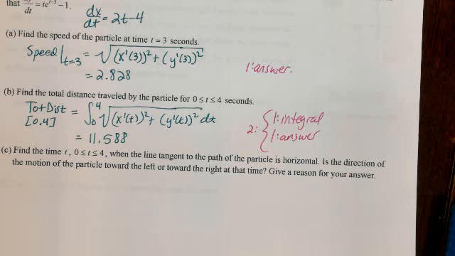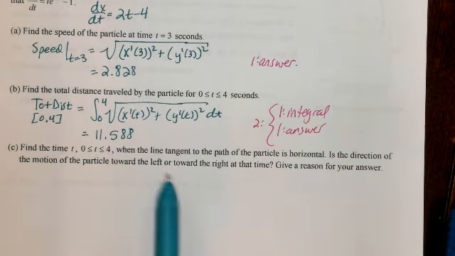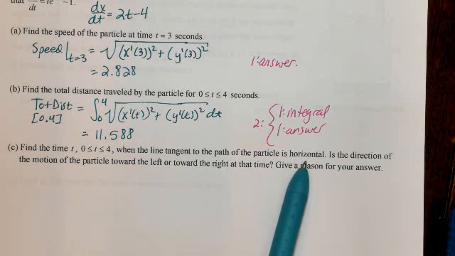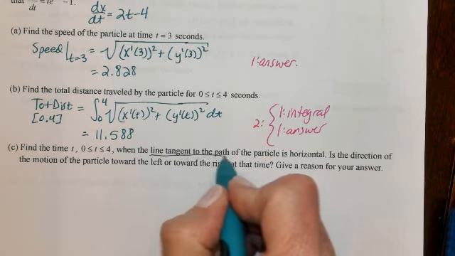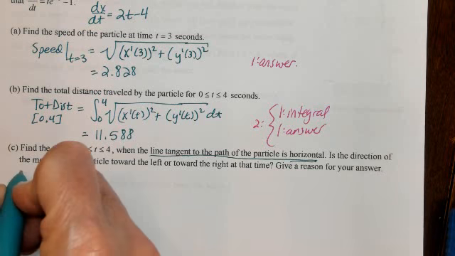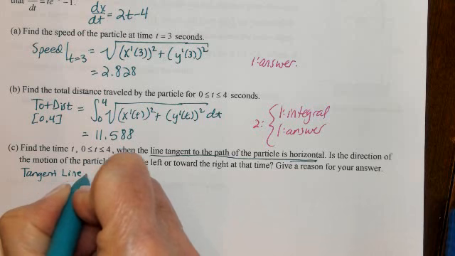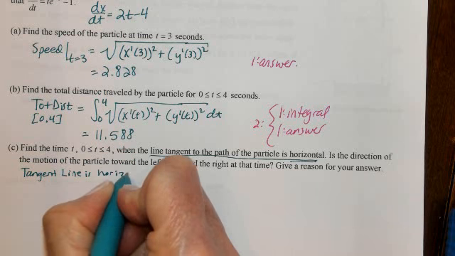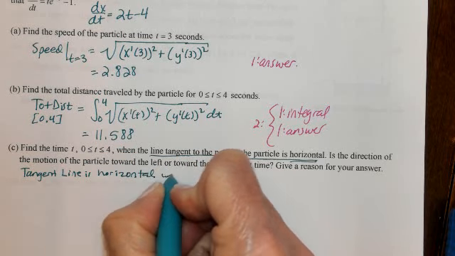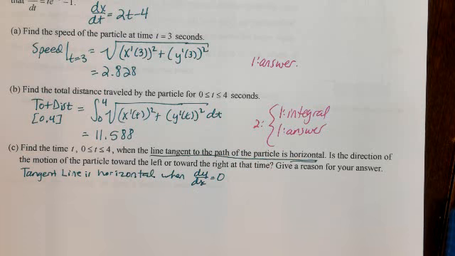Part C, find the time from 0 to 4 when the line tangent to the path of the particle is horizontal. When the line tangent is horizontal. Well, line tangent is horizontal. That means the slope is 0, right? So I'm going to say that. Tangent line is horizontal when dy/dx equals 0. The slope is 0.